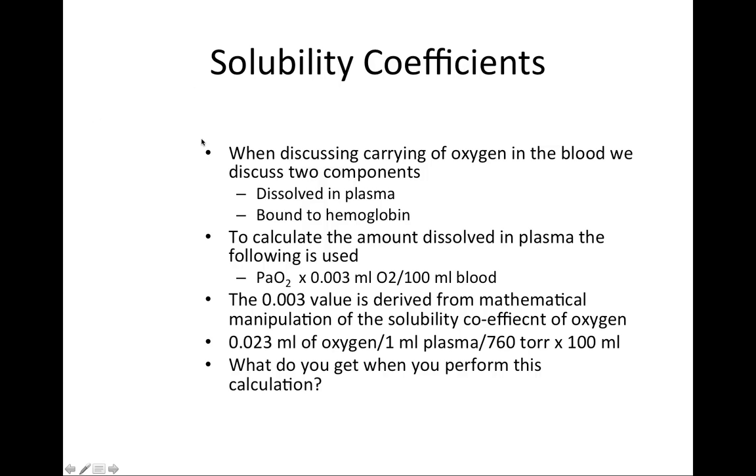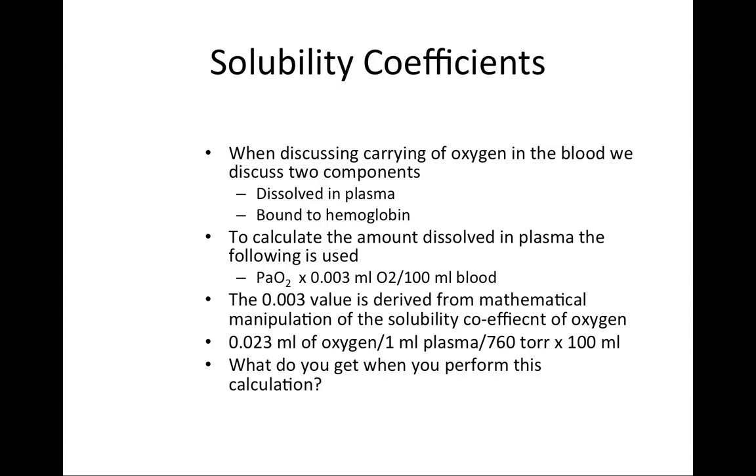So when we think about carrying the oxygen in the blood, we really have to discuss two components. We know oxygen is carried in two ways. It's either dissolved in the plasma or bound to hemoglobin. And that dissolved portion is really, really small, and oftentimes we sort of disregard it, because if we look at the amount of oxygen that can dissolve in 100 mL of blood, it just winds up being pretty minimal.